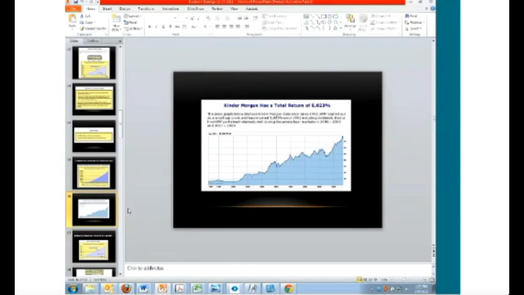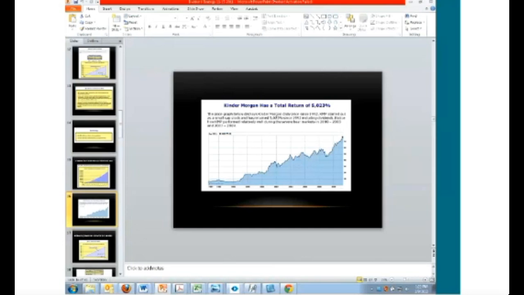Kinder Morgan is one of the pipeline MLPs, and they simply transport energy and store energy, and the price of the stock is not that dependent on the price of crude oil, because they're simply a toll road in the energy complex. So their price isn't that sensitive to the price of a barrel of crude oil, and as a result, they've been able to consistently raise their dividends and produce a great return.